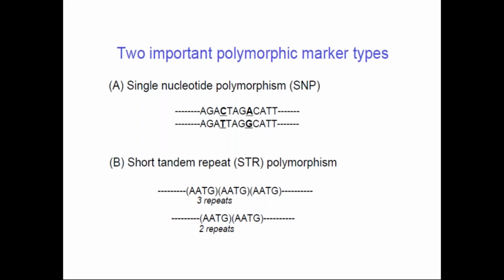If we get identical PCR products, it indicates that both genomic DNAs have the same STR, and we conclude that both DNA samples originated from the same individual. But if the STR products are of different lengths in two different samples, we conclude that the DNA originated from different individuals.